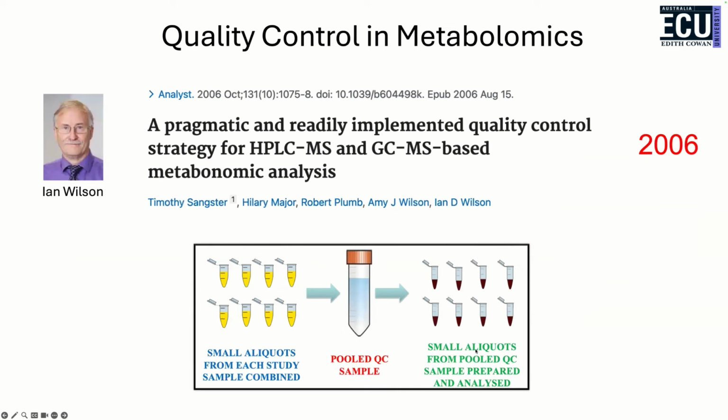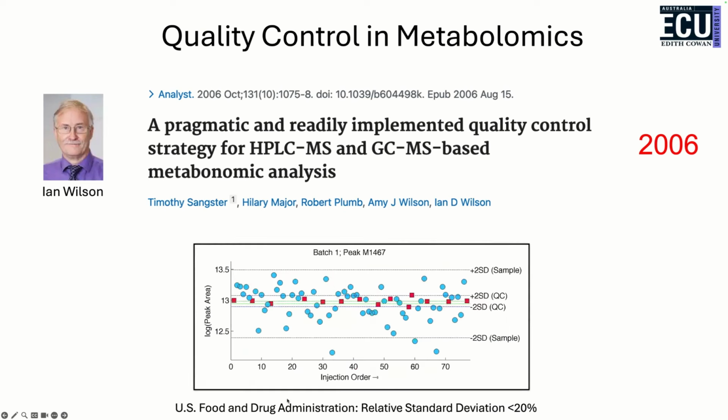Now, if we go back in time to when we were first looking at introducing quality control into untargeted metabolomics, Ian Wilson came up with this paper where the idea was that because we weren't doing any sort of calibration and couldn't use standards to measure instrument repeatability, we take a small aliquot from every single sample in the study, pool them, and then sub-aliquot into a number of pooled QCs, and inject them periodically throughout an experiment.